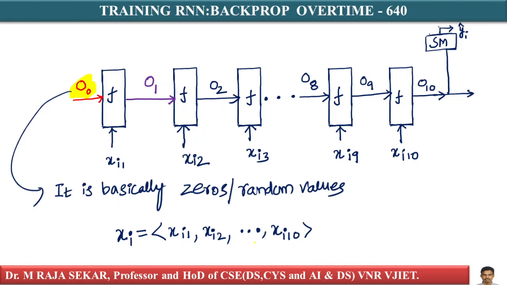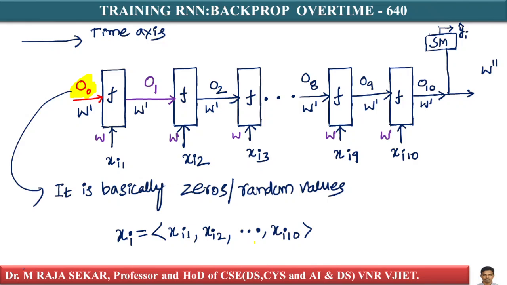I have my weights here, W, weights W dash, and also weights W double dash. And this is the time axis. This is one layer representing itself over time.